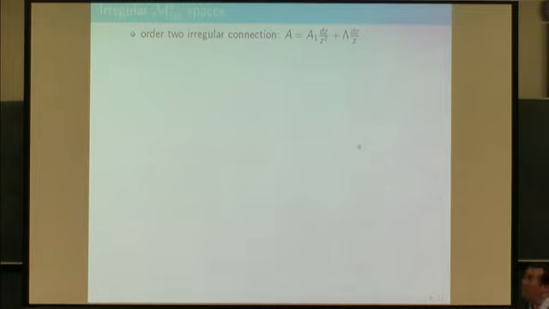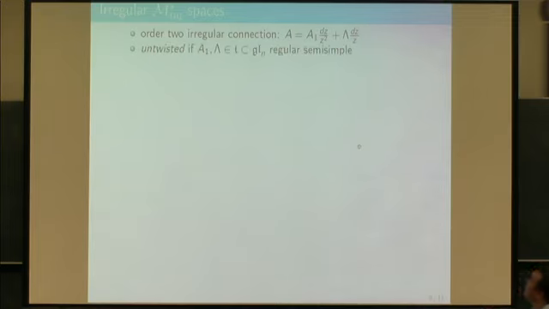For simplicity, I will consider only the order 2 cases. So an order 2 irregular connection will have a formal type around one of its singular points. There is some formal gauge transformation you can make to bring it to this form, where this form is going to be fixed. So you are fixing this formal type, a matrix A1 and another matrix lambda.